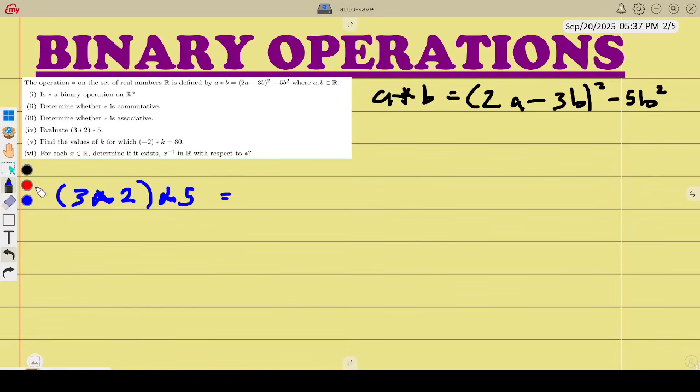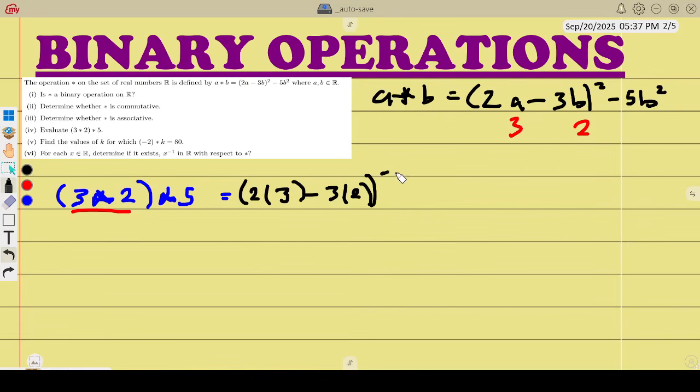What we start with is just 3 star 2. Meaning while there's a, we put the first number, which is 3. While there's b, we put 2. So we go: while there's a, we put 3, while there's b, we put 2.